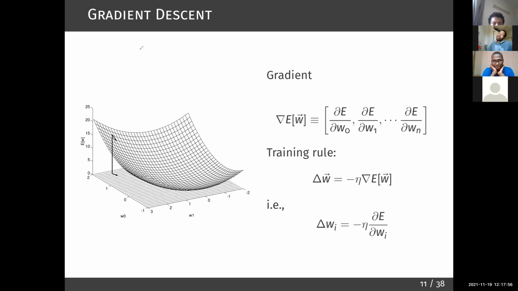So we have error equal to 1/2 of T1 minus output 1, squared, plus T2 minus O2 squared, plus T3 minus O3 squared, and so on, up to Tn minus output n.